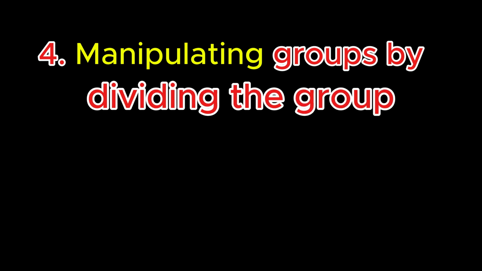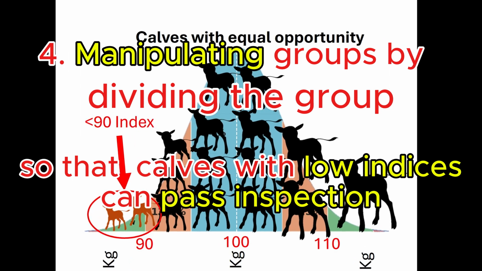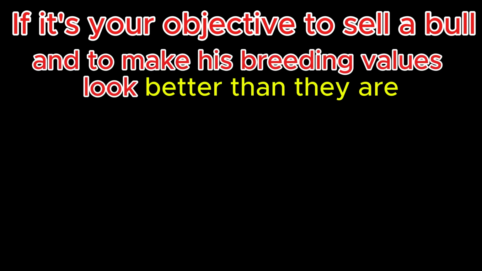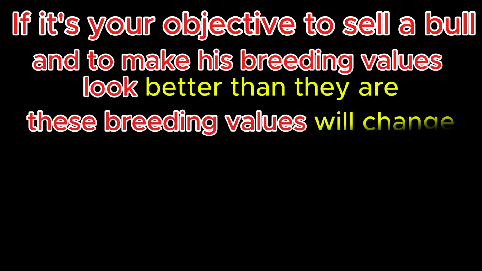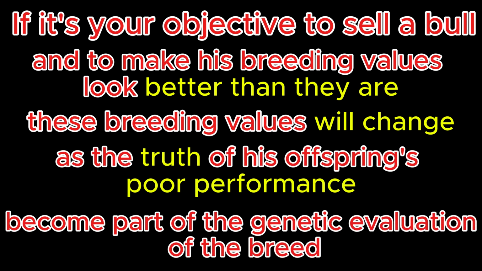Manipulating groups by, for example, dividing the group so that the calves with low indices can pass inspection, causes unstable and unusable breeding values. If it's your objective to sell a bull and to make his breeding values look better, these breeding values will change as the truth of his offspring's poor performance will become part of the genetic evaluation of the breed.